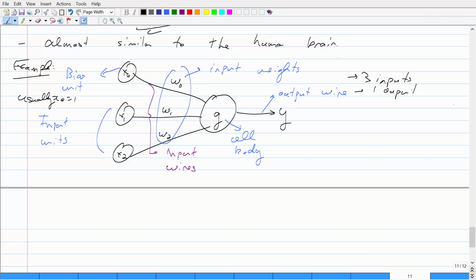So there's 1 output, okay? And you can think of G as the cell body that does all the computation with the inputs.